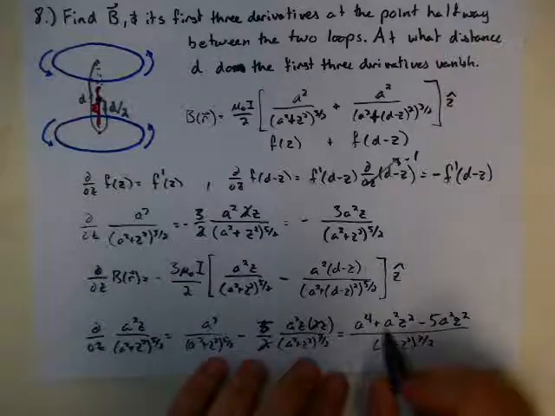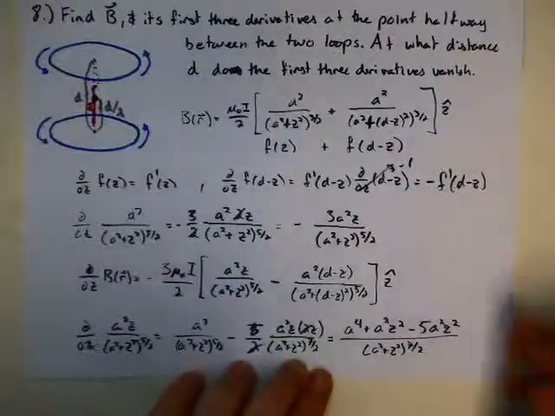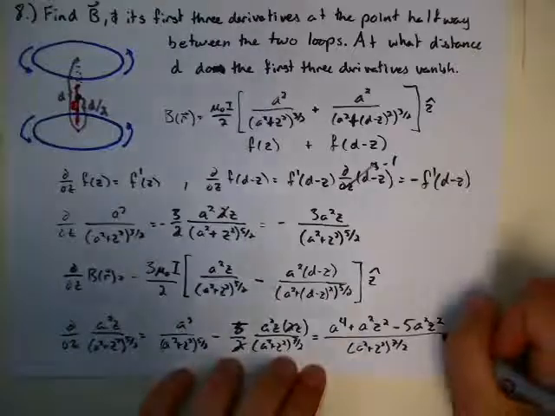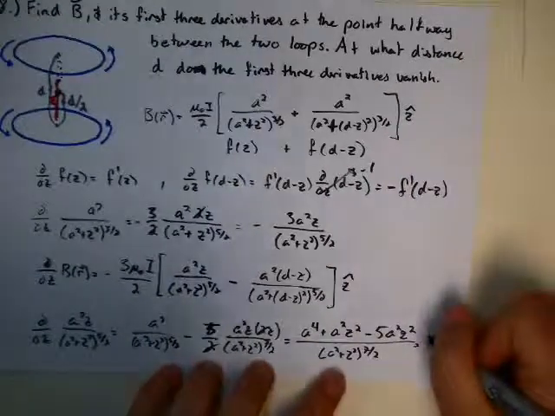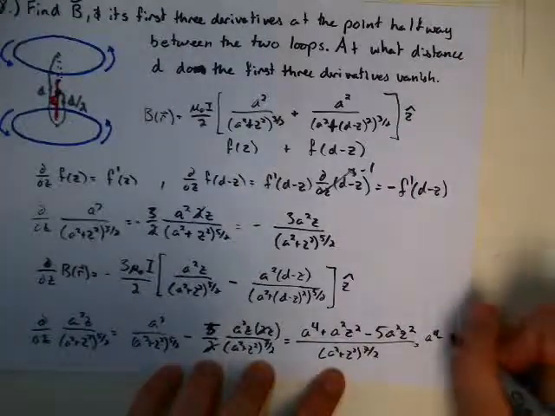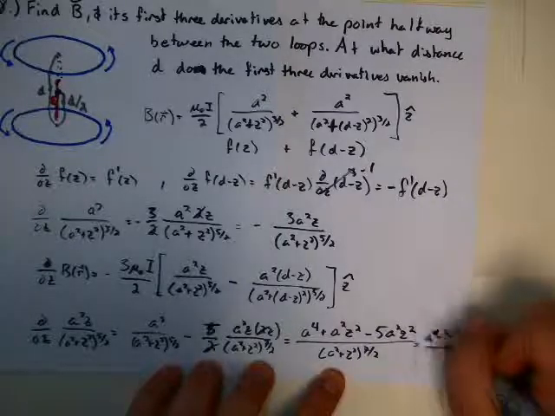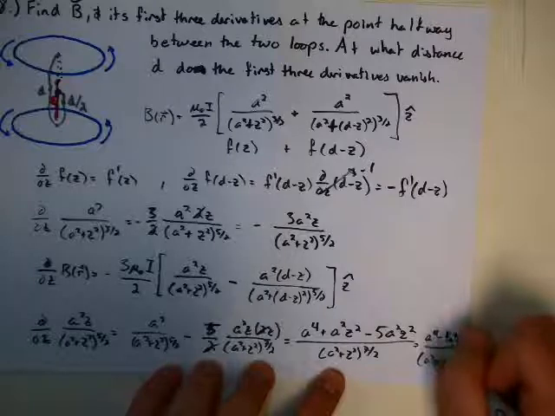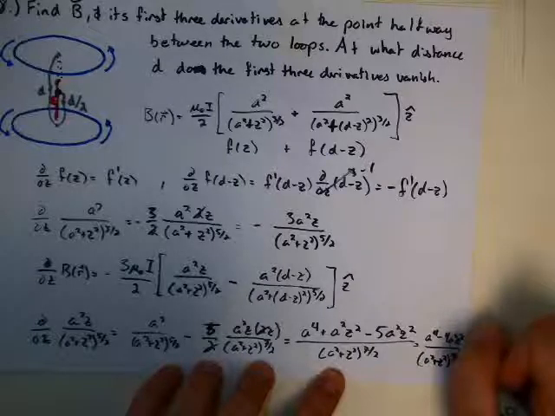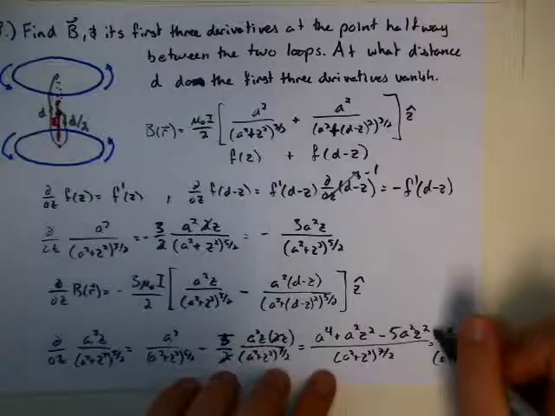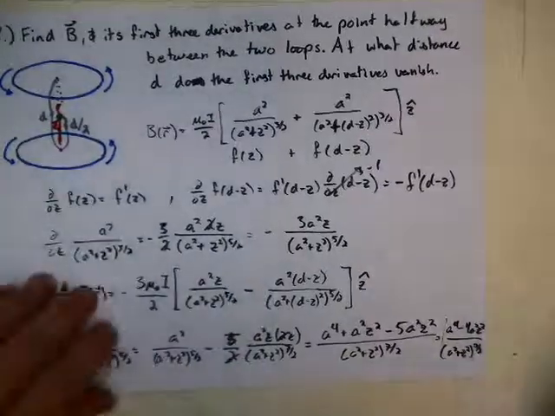So this plus 1 minus 5, of course, is going to give minus 4. So this is going to give a to the 4th minus 4a squared z squared divided by a squared plus z squared to the 7 halves. Okay. So that's scrunched up there, so you can't read it, but we'll go with it.